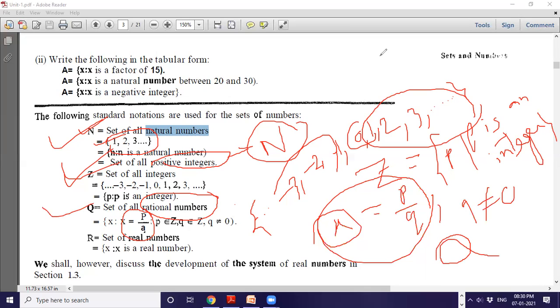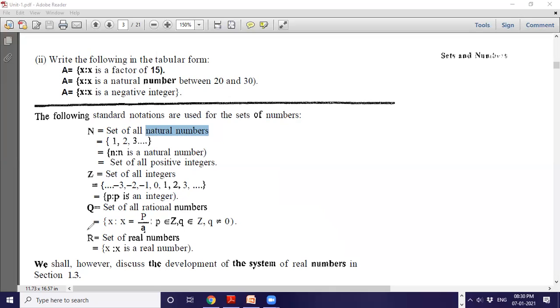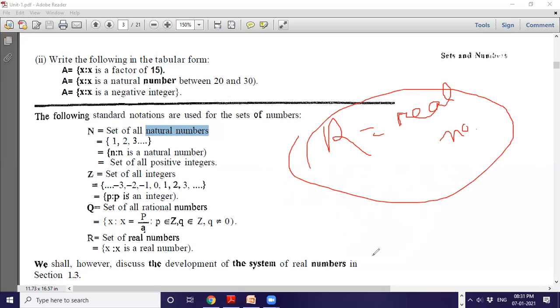Okay, let me clear this. Then next we have R, that is R stands for real numbers. Those which are not imaginary, you can consider them as real numbers. All the numbers which are not imaginary. And what is an imaginary number? I hope you know that sometimes we represent a few numbers in the form a plus ib. a is the real part and b is the imaginary part, and i.